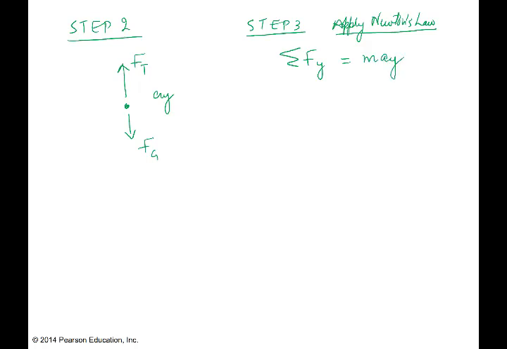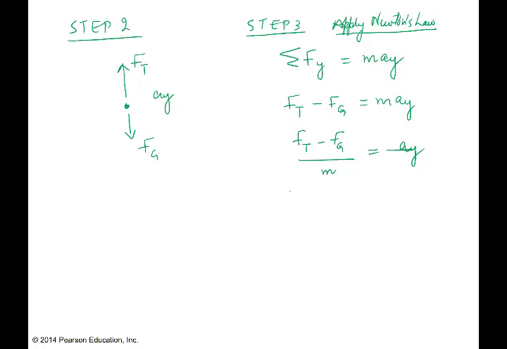Again, reiterating, if I get the acceleration negative, the bucket is going downwards, and if I get the acceleration positive, it's going upwards. So the net forces are Ft upward positive, downward negative, is equivalent to mass times acceleration Ay. Our job is to find Ay, so divide both sides by m, we get Ft minus Fg divided by m is equivalent to Ay. This will help you get the Ay.